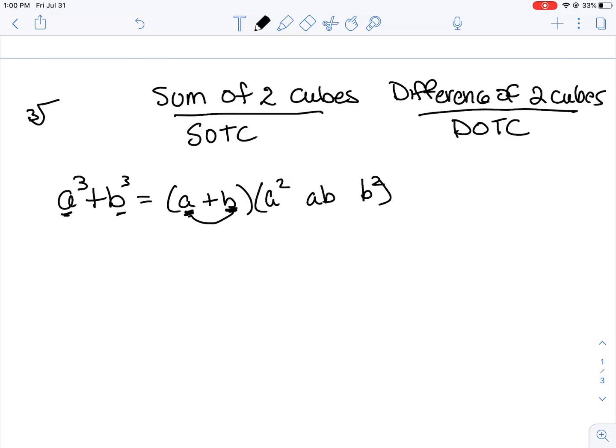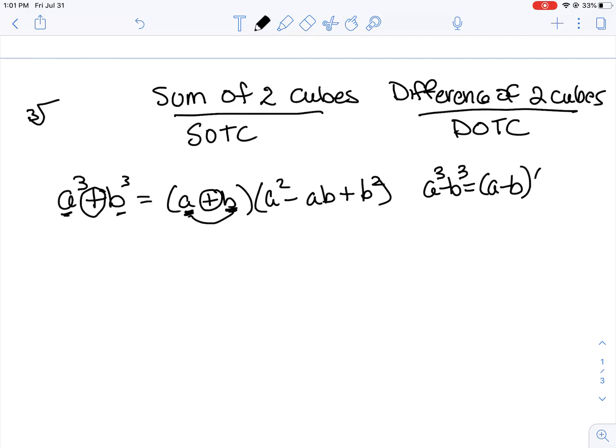Now, the signs do change because you need a lot of things to cancel out just to get a cubed plus b cubed. So if this problem starts out plus, the first parenthesis will be plus, and then it's minus plus in the second part. For a difference of two cubes, very similar.